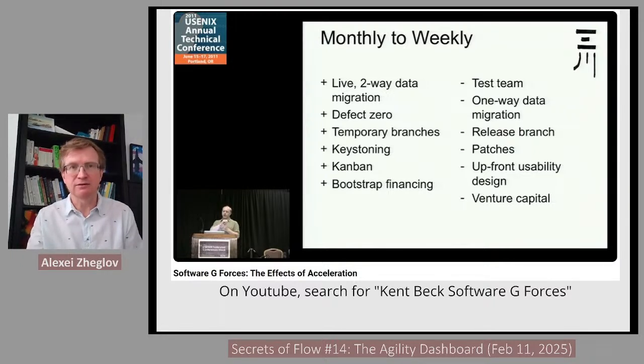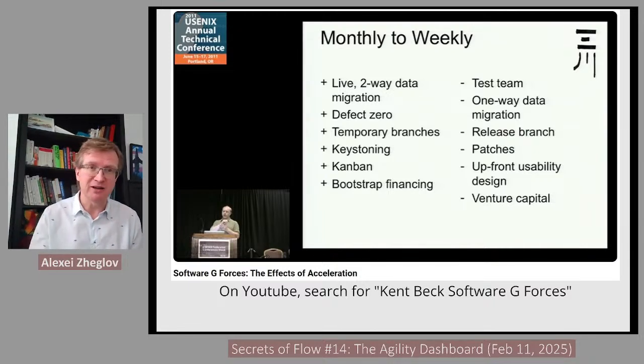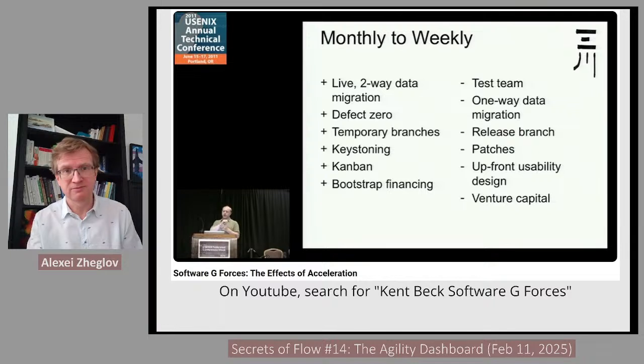Set a target frequency maybe 2, 3, maybe maximum 4 times more frequent than it is now. For example, go from monthly to weekly. Figure out the set of practices you need to adopt and to deprecate. And that's enough change already.